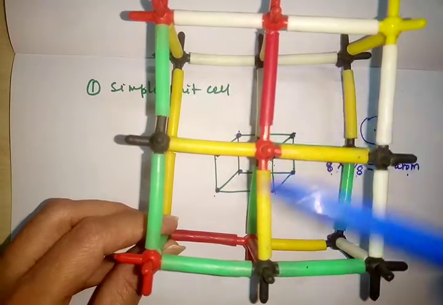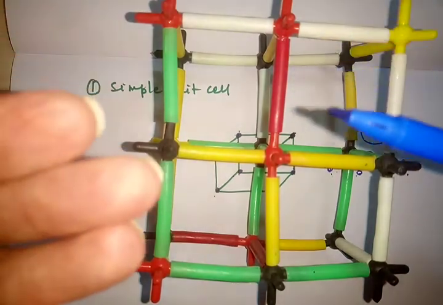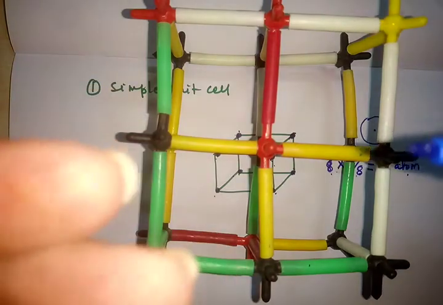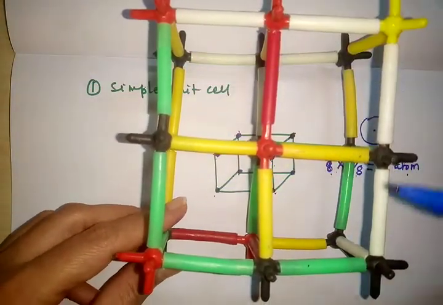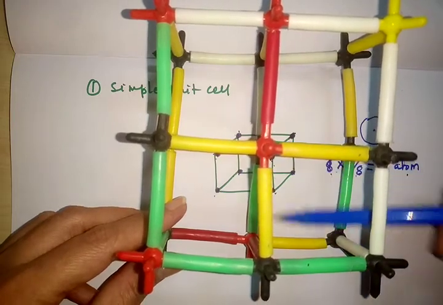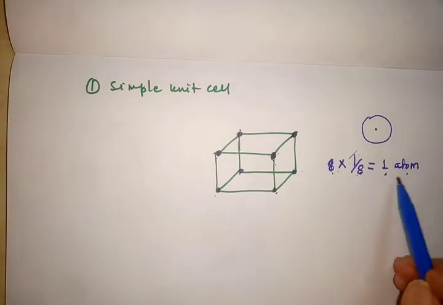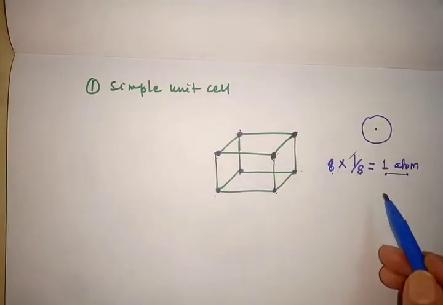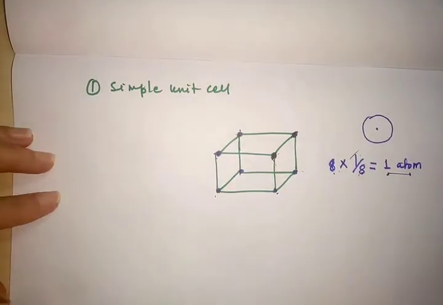So 1, 2, 3, 4 and you can stack one more set of unit cells above this. In total 4 plus 4 in the above layer, 8 points total, so the total contribution will be 1 atom here. This is for the simple unit cell.